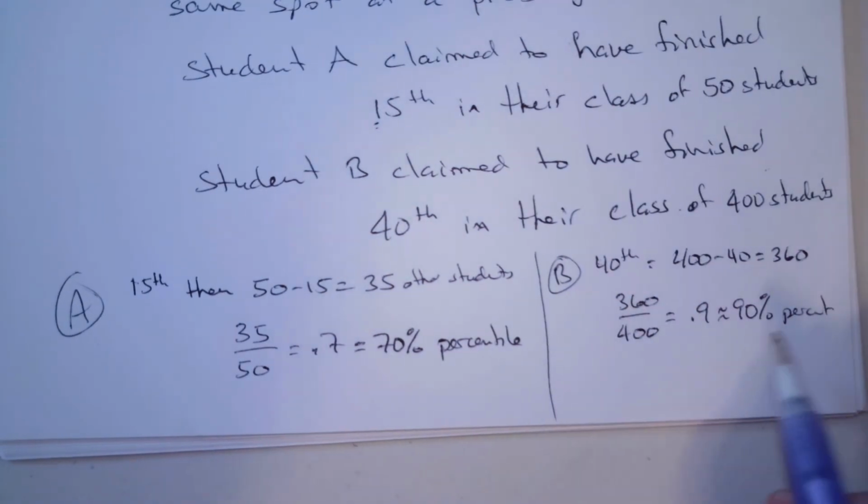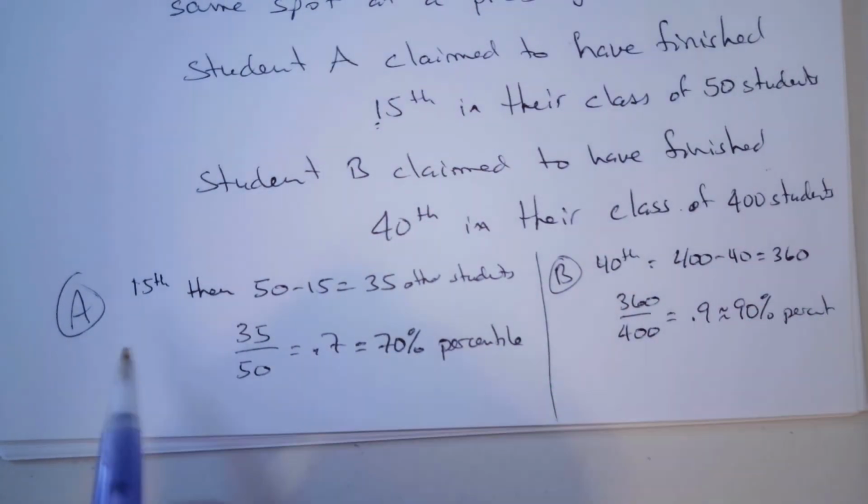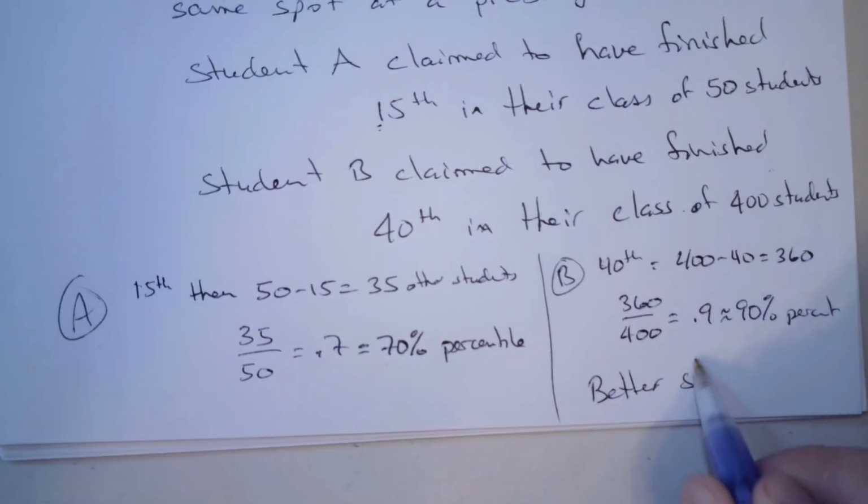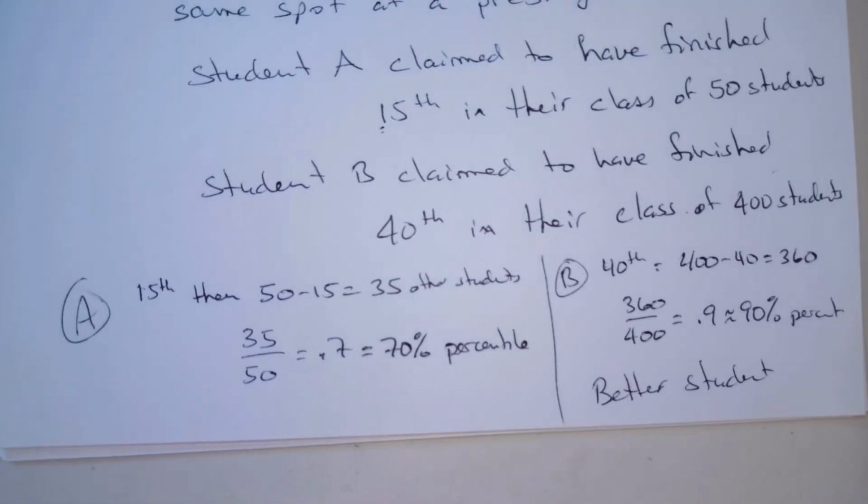So student B graduated higher than 90% of the students. Student A graduated higher than 70%. So student B is a better student.